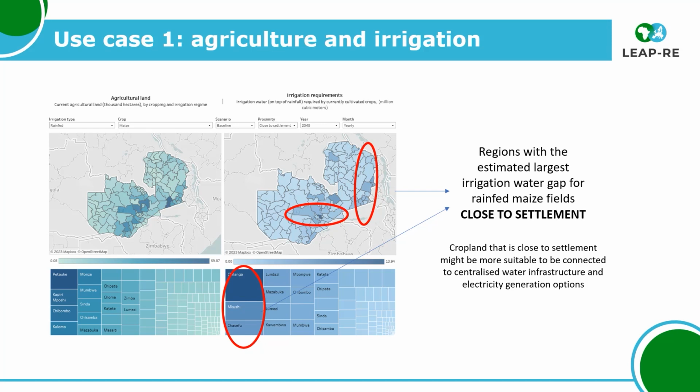and also specifically we are beginning by looking at irrigation requirements that the model estimates to occur close to the settlement. That is to say, cropland that is not very distant from a community where people live, where farmers and the rural community live, which might be more suitable to be connected to centralized water infrastructure and electricity generation options, as opposed to cropland that is much farther from the community, from the settlement.